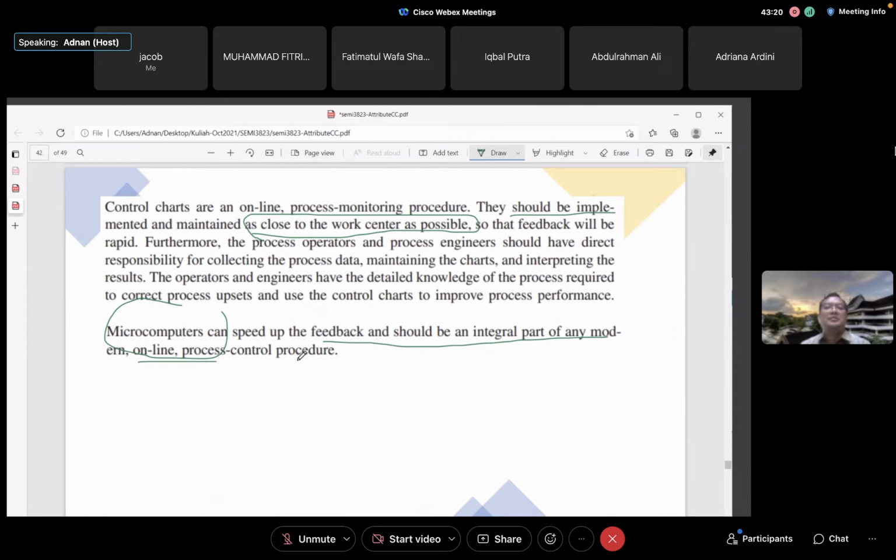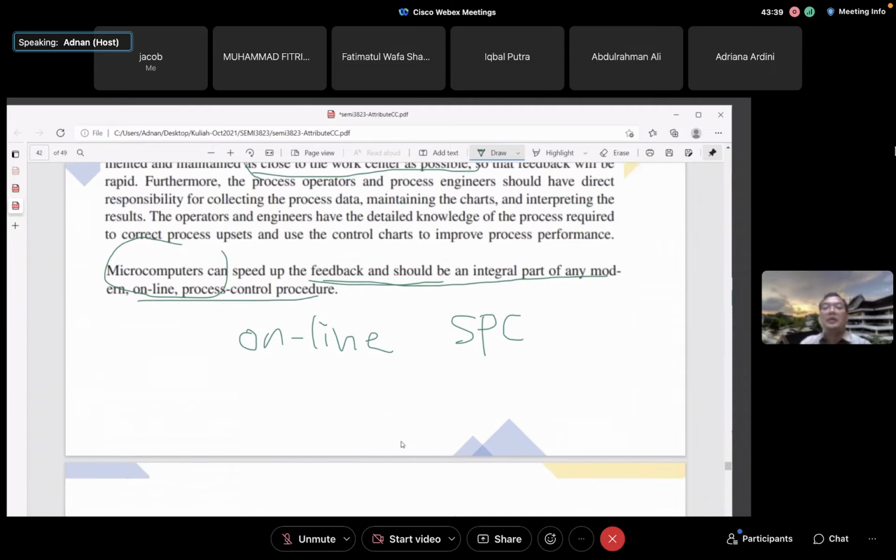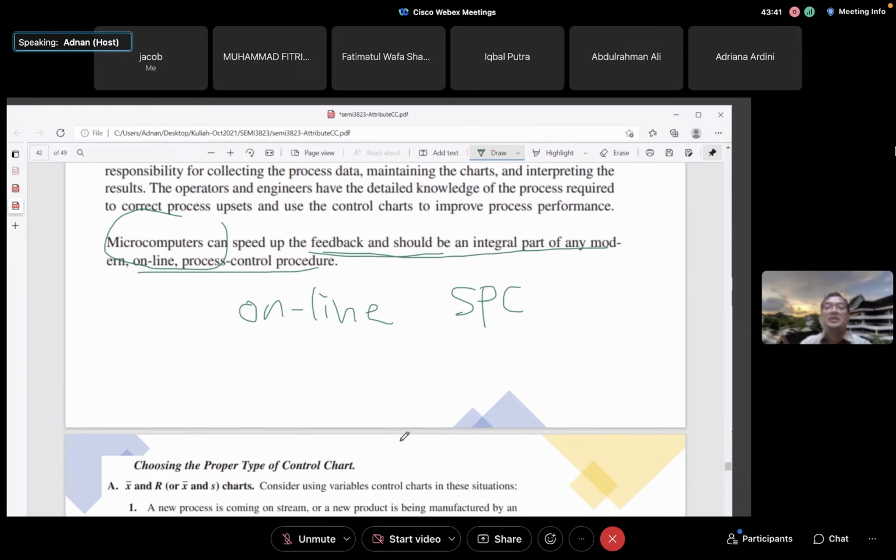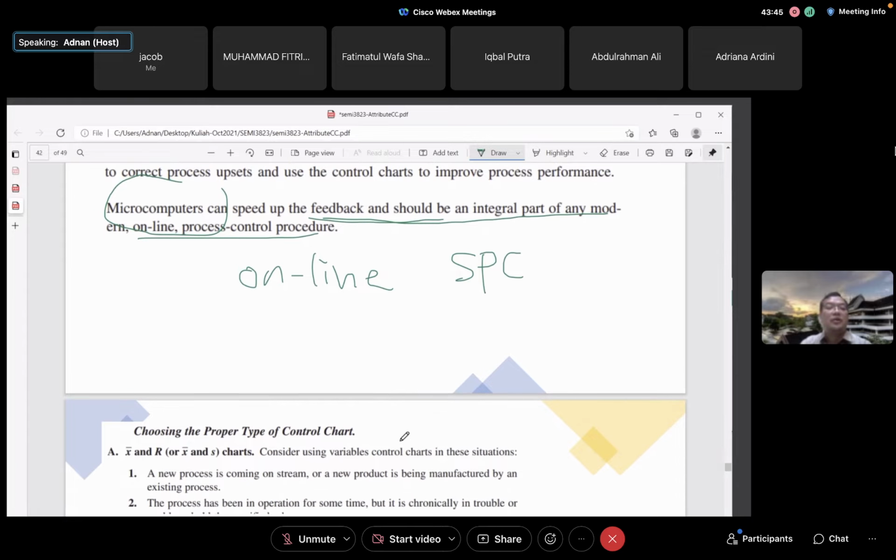Now we have online SPC, integrated with data collection, data interpretation, and a feedback system to give corrective action to the process, whether resetting or giving a signal that the process has to be stopped and readjusted, changing the tooling and so on.